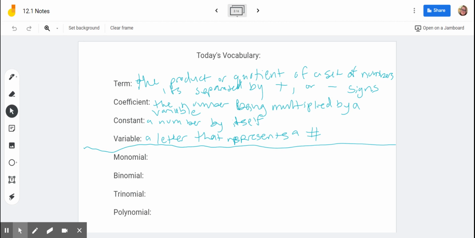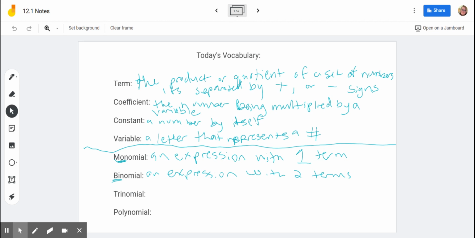So a monomial is an expression with one term. So notice mono, if you think back to English, means one. So monomial means that it's an expression with one term, okay? A binomial is also an expression, but what do you think this one means if it says bi? Bi as in bicycle. A bicycle has two, so a binomial will have two terms.